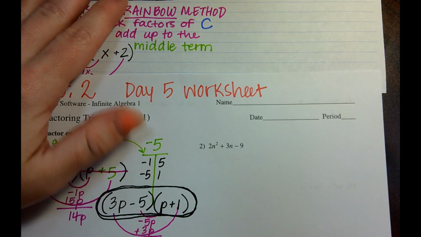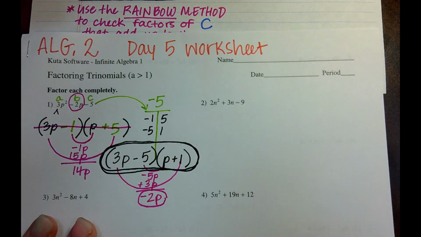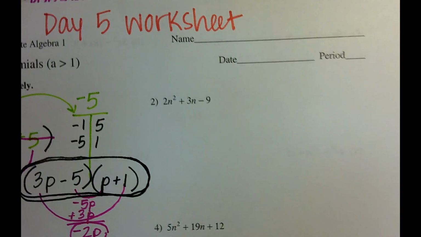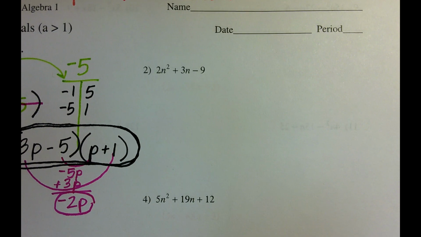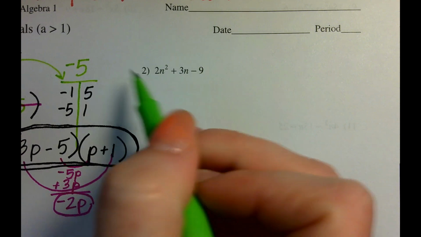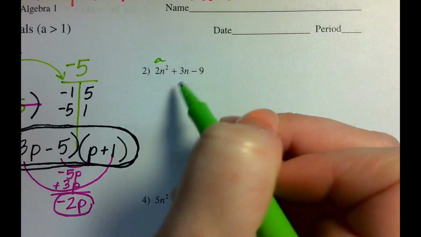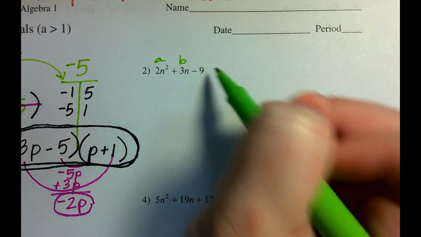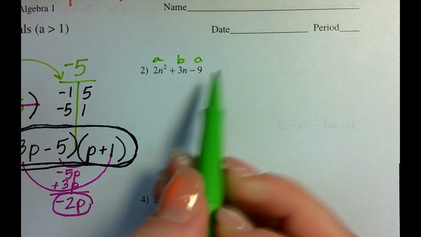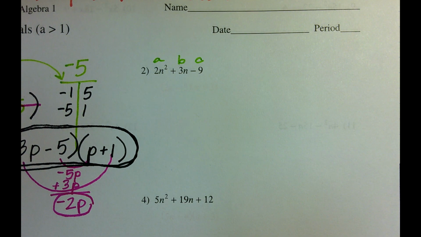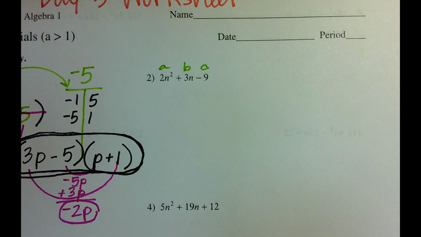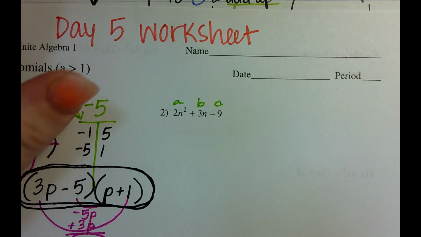So, on our worksheet now we have problem number 2. Where our A is 2, our B is 3, and our C is -9. So looking at the flow chart, first let's check, is our A greater than 1?